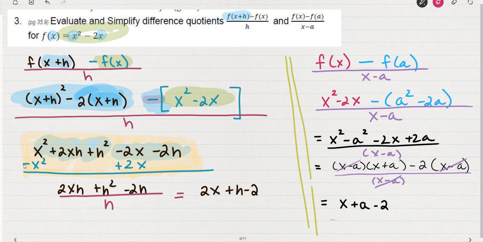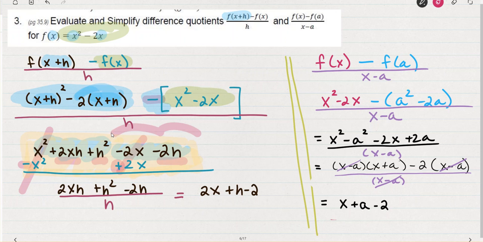I'm going to subtract x squared, and I'm going to subtract negative 2x, so that's actually adding 2x. What happens is it cancels these two terms out. I'm left with 2xh plus h squared minus 2h.